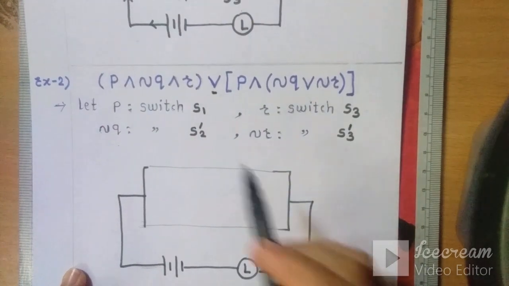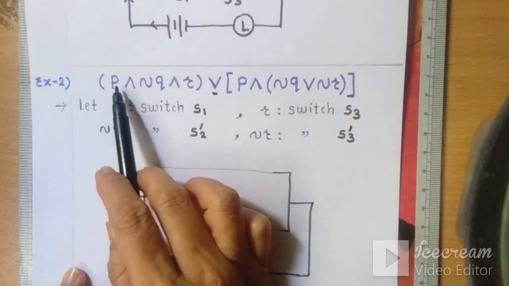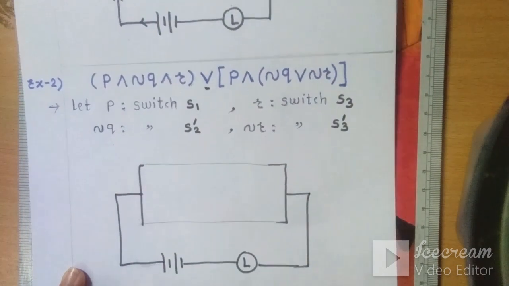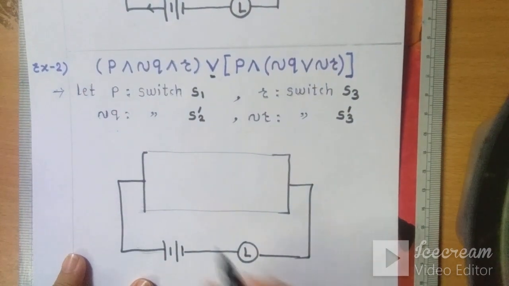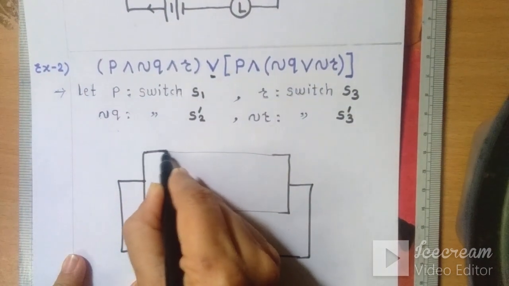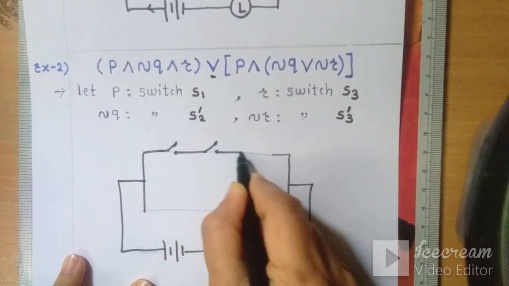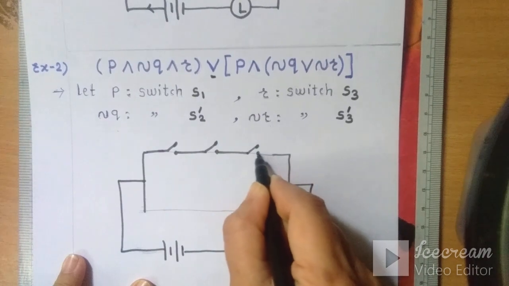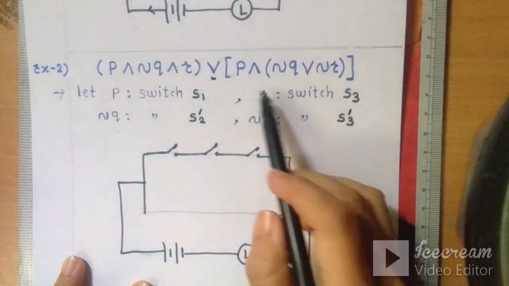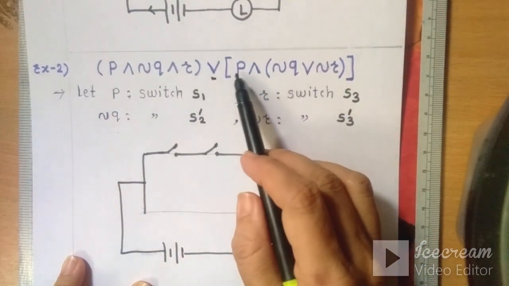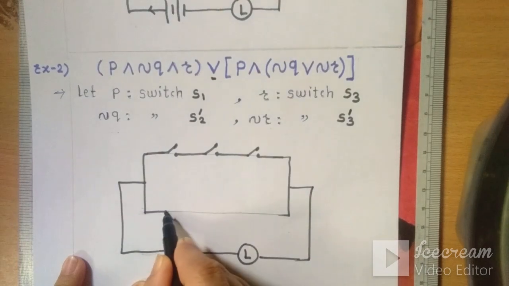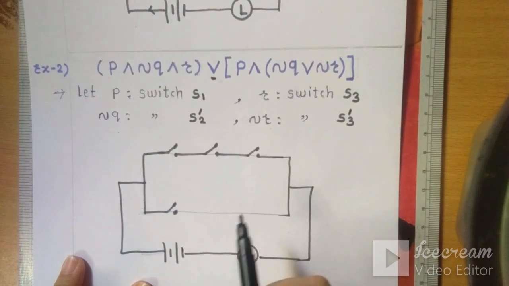like this. Now check, in the first bracket there are three switches in conjunction, and conjunction means series. So I am drawing, this is first switch, this is second switch, this is third switch. Now check, in the second line first switch is P, so this is first switch.